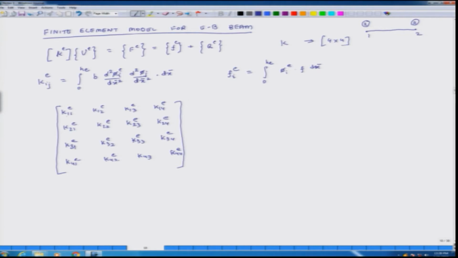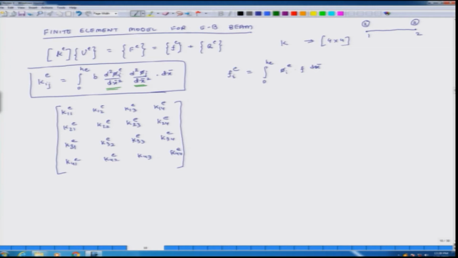And the way I will calculate each element is using this formula, and in this phi i and phi j will be the interpolation functions which we discussed in the last class. So, we will use those phis as the interpolation functions. So, that is how I will develop my K matrix. Please note that this K matrix, I will once again state, is bilinear in phi i and phi j, and it is also symmetric in phi i and phi j.